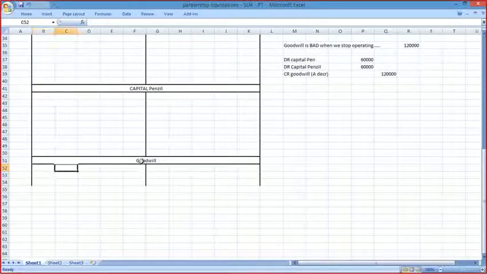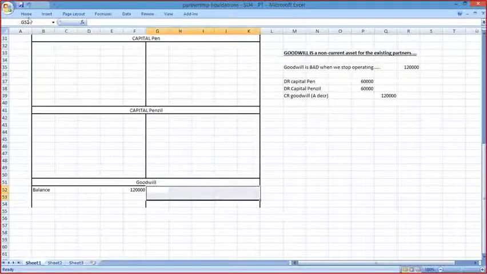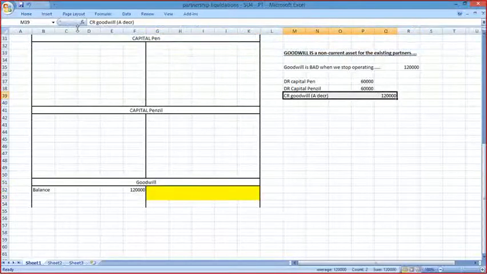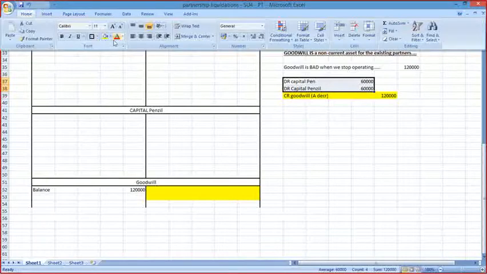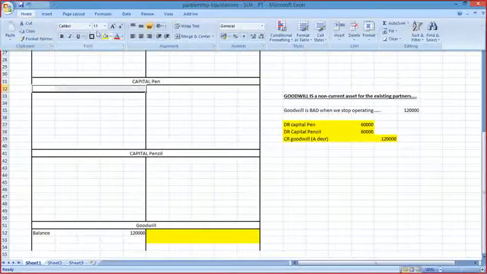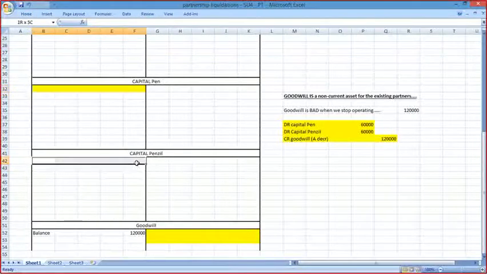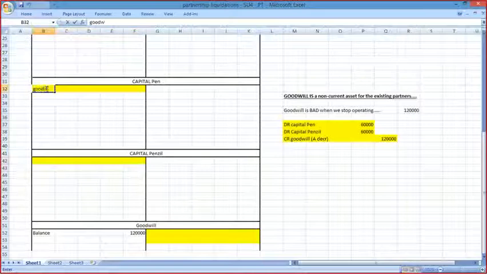Goodwill would have had a balance of 120, the balance on the actual books. If I'm debiting the capital accounts, I'm going to credit the goodwill account. I'm writing off goodwill to their capital accounts. Perfect.